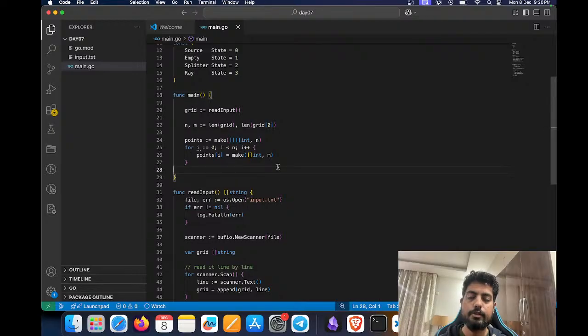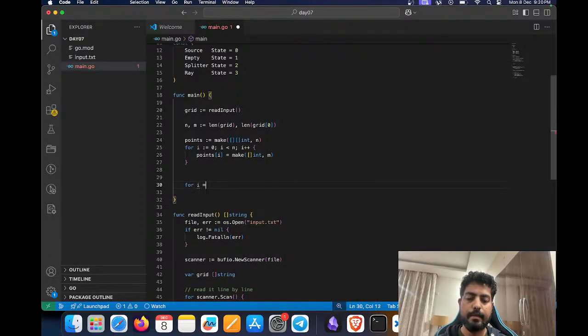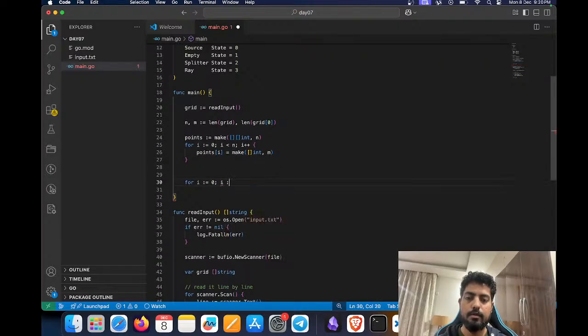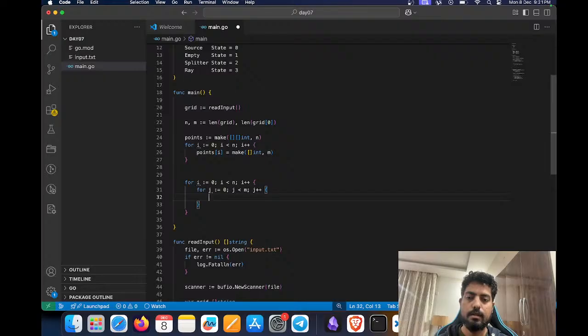So for each of the, okay, we'll just go through the matrix once and mark our initial states: i less than n, i plus plus, for j equals 0, j less than m, j plus plus, points i j equals something.